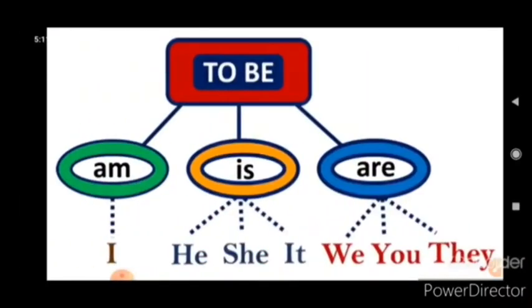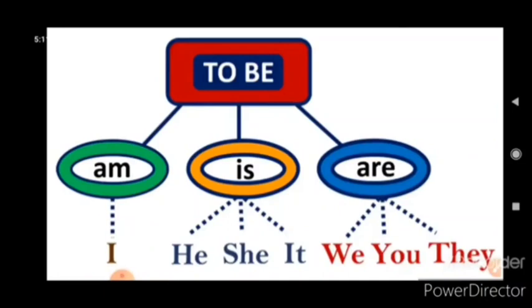Students, see, am: where we will use it? If I comes, we will use am. He, she, it, if they come, you use is. We, you, they, if we, you, they come, you use are.